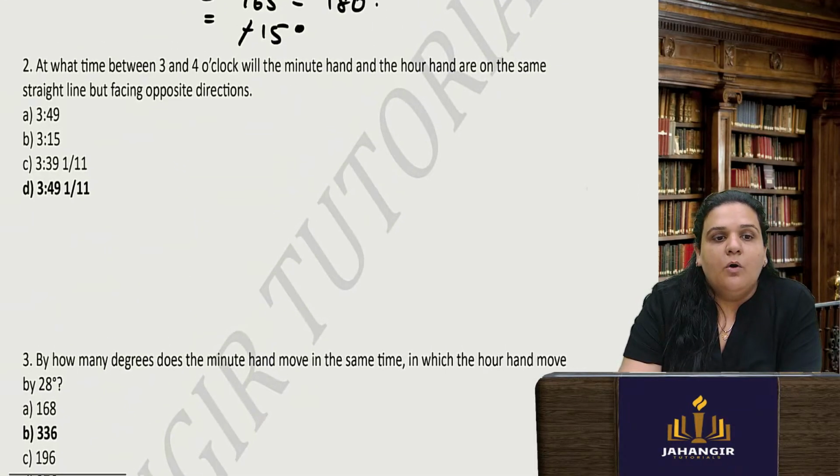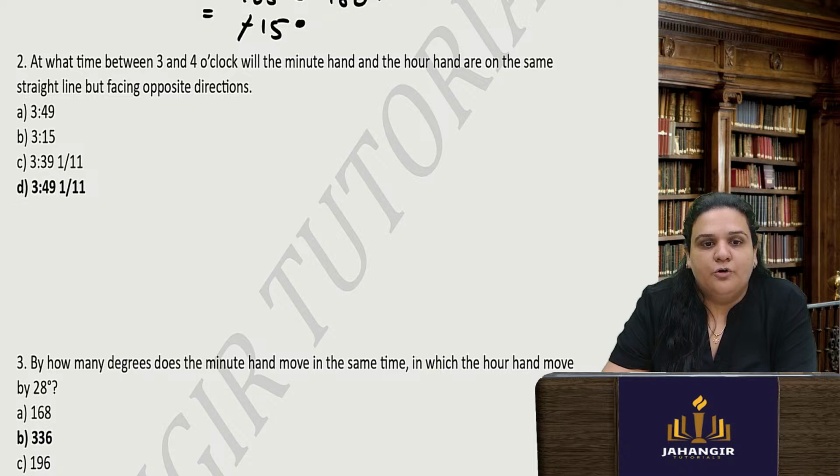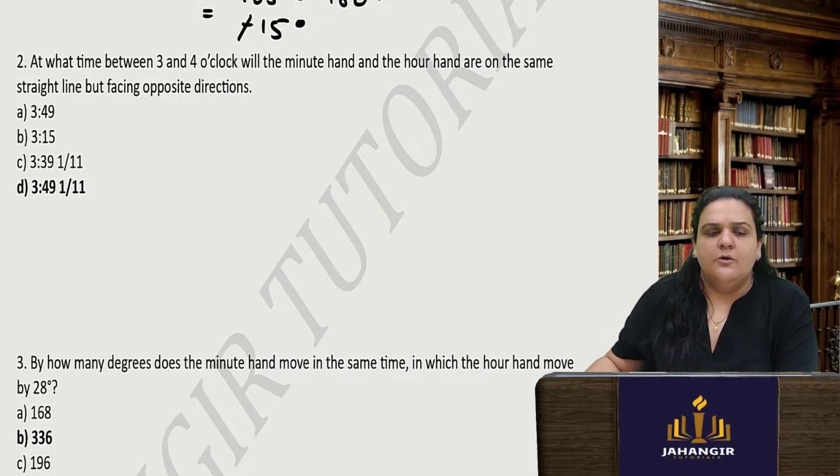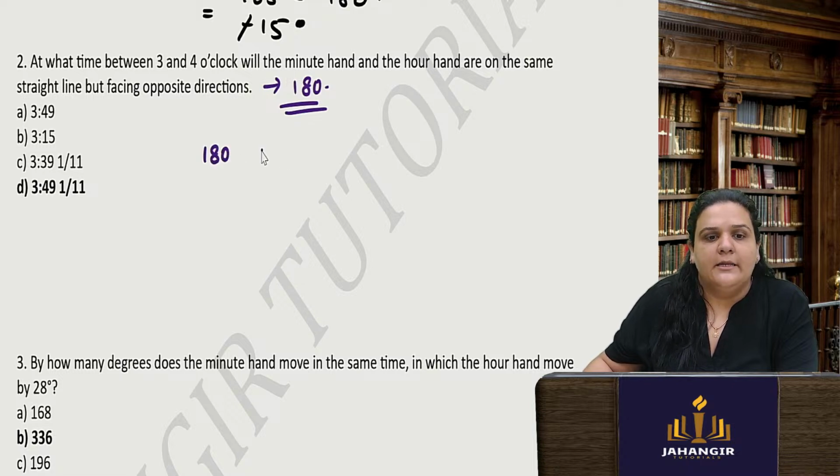At what time between 3 o'clock and 4 o'clock are the minute hand and the hour hand on the same straight line but facing opposite directions? Easy. We know in opposite directions the angle formed will be 180. Correct? So basically the formula, if I put 180, will be equal to 11 upon 2 M. Hour, I told you, you will take 3 hours, because we are finding time between 3 and 4.